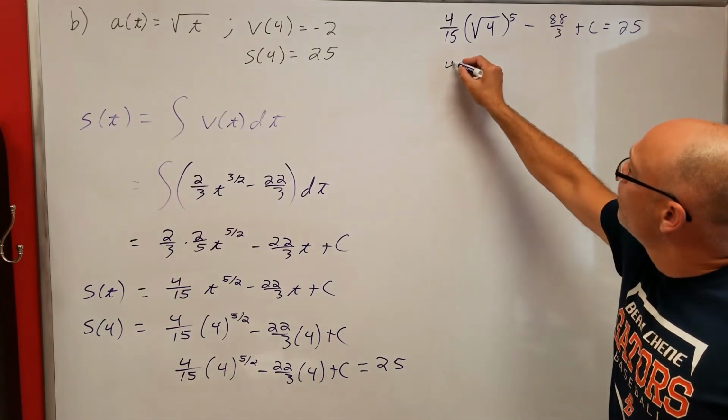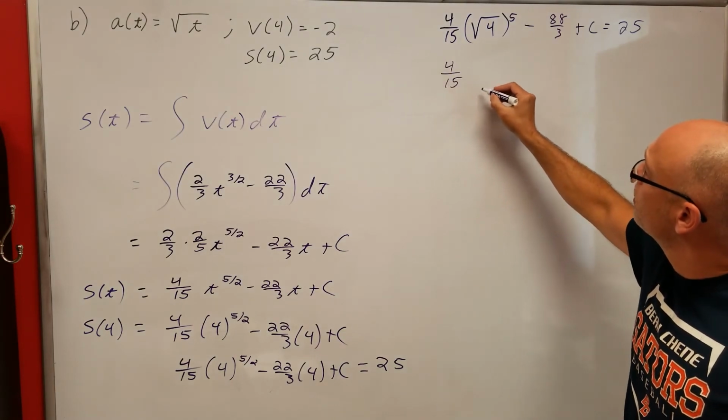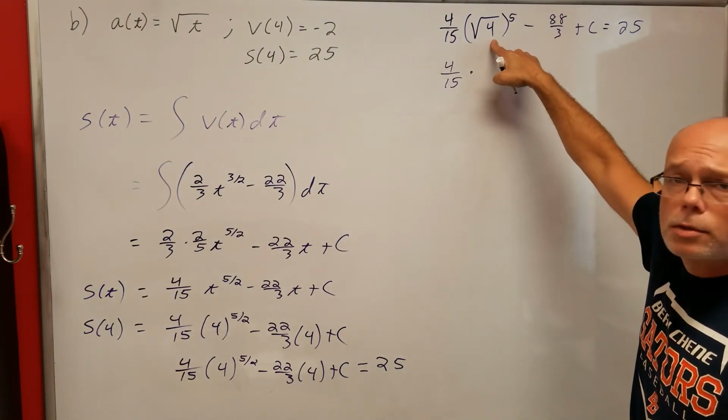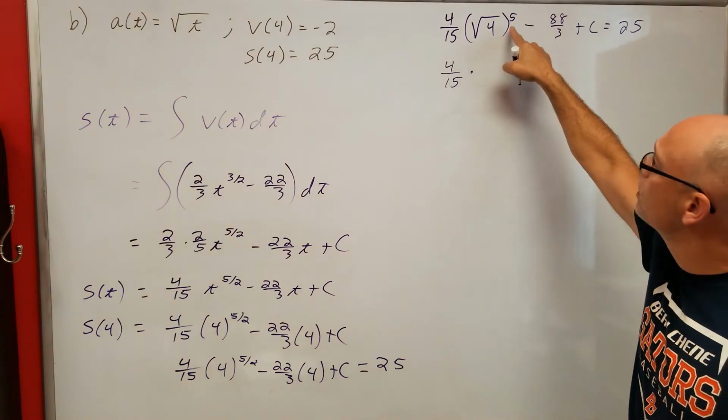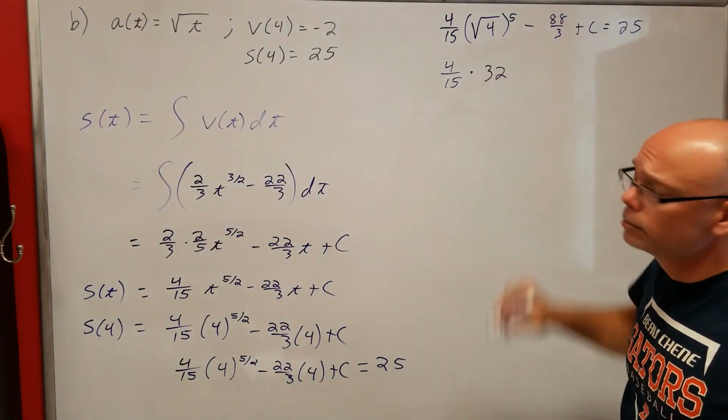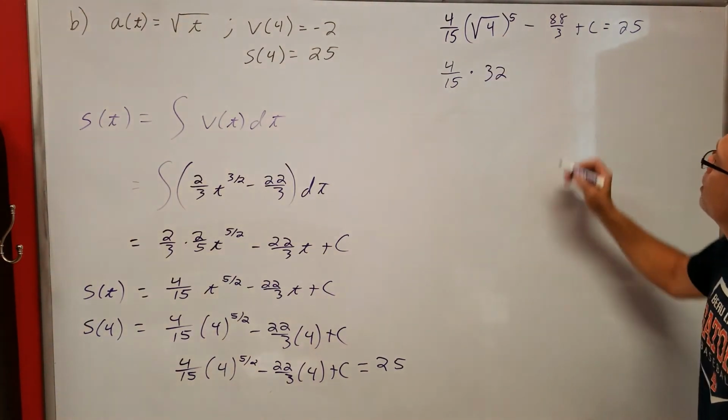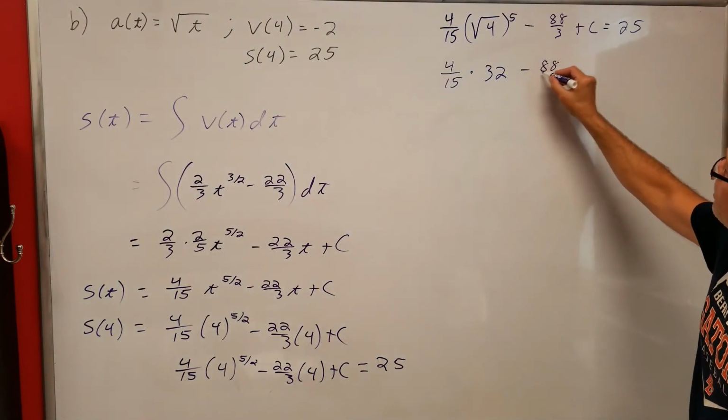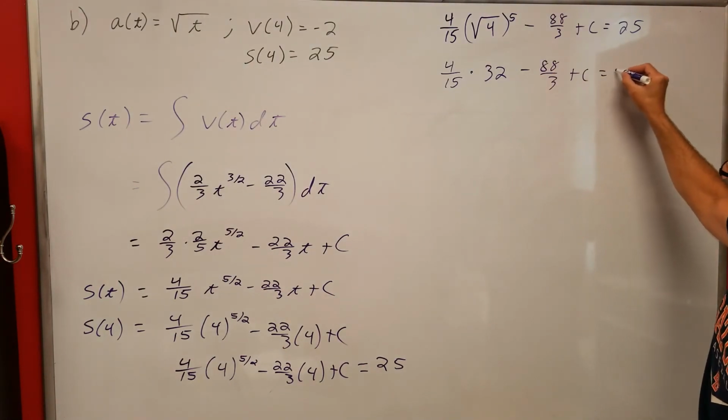All right, so we have 4/15 here, right? Times square root of 4 is 2, right? What's 2 to the 5th? 32? Minus 88/3, plus c is equal to 25.